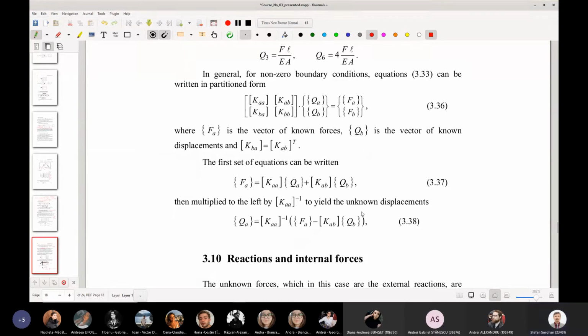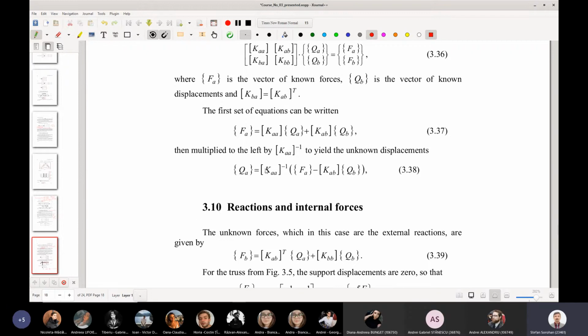So this relationship means this line times this column is FA. It's trivial if you want. You can obtain here the unknowns, which are the displacements, based on this matrix, which must be non-singular.